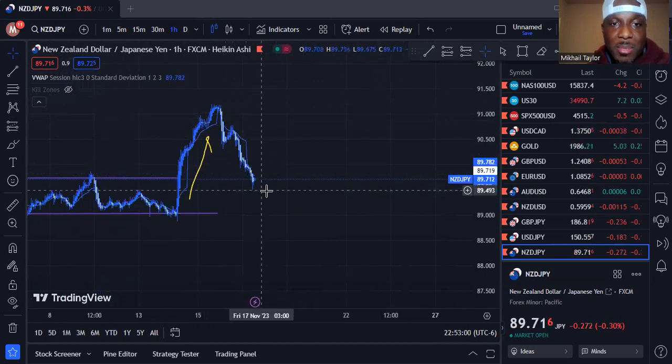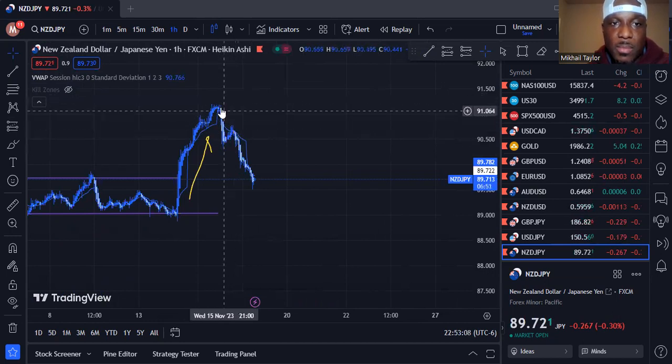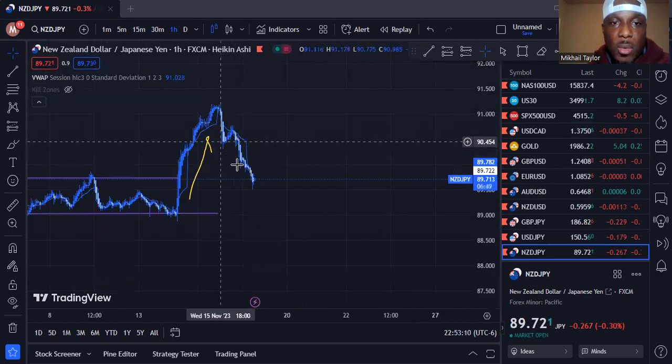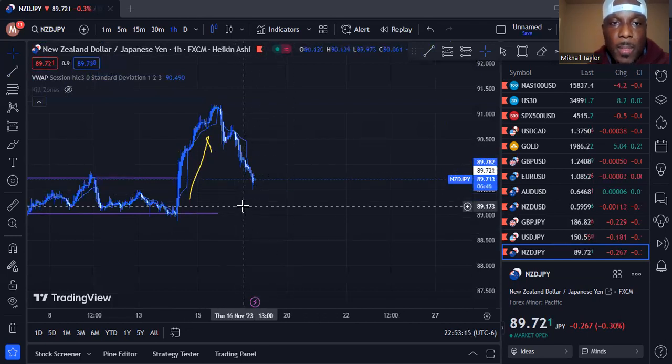Now this looks like it could be about to set a trend. So we've got two lower highs here, lower highs, lower lows. So if this pops back up and drops again, then to me, that's the definition of a trend.